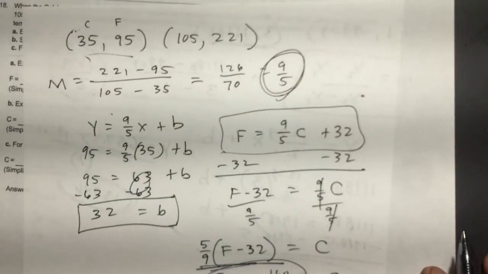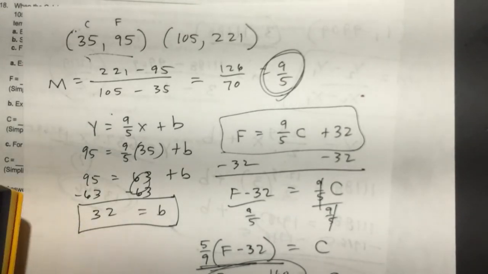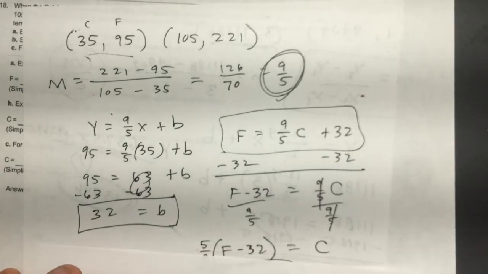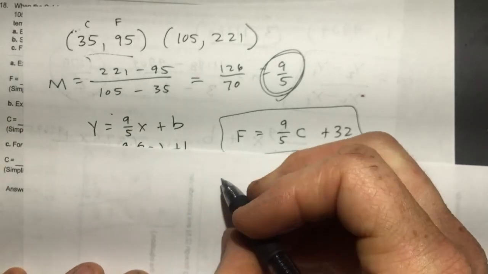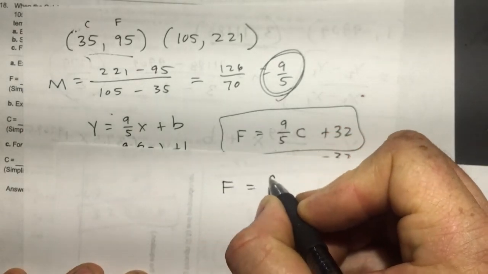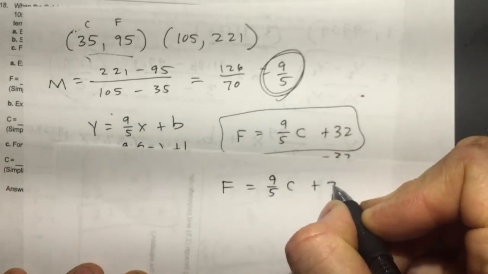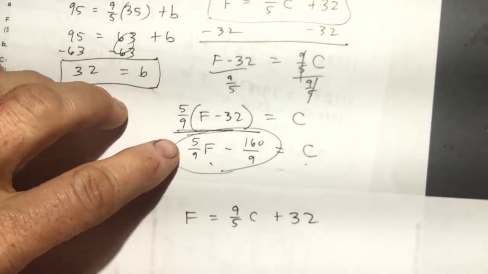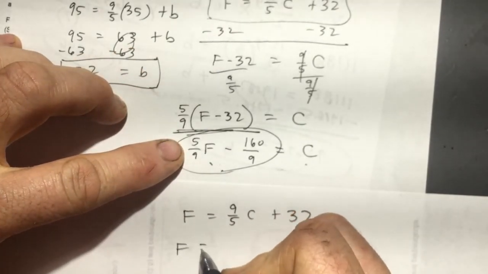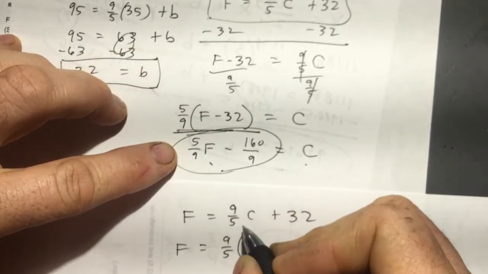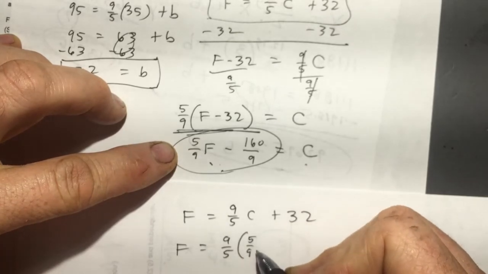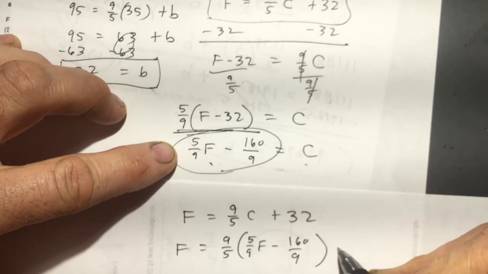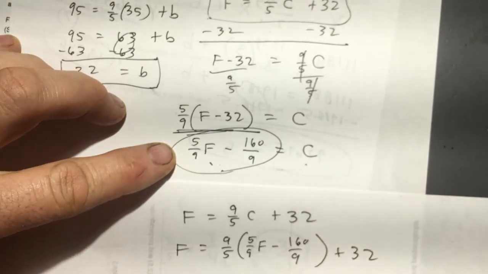All right, so let's get a piece of paper here. All right, so up here we have F equals 9/5 C plus 32. All right, so if I take this C right here and put this in, okay.